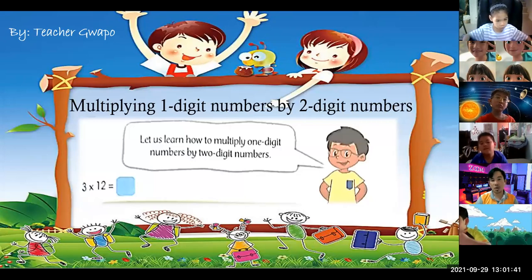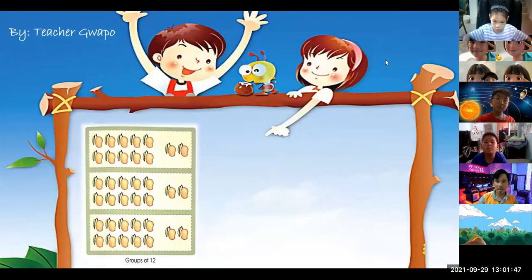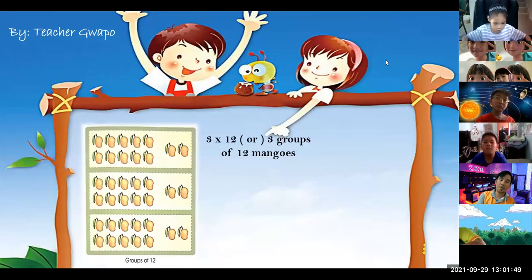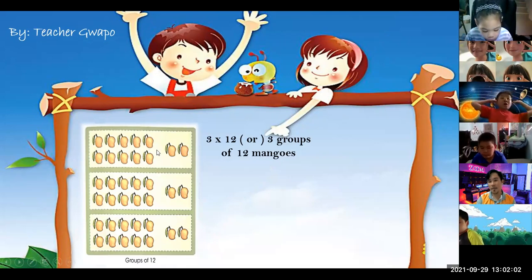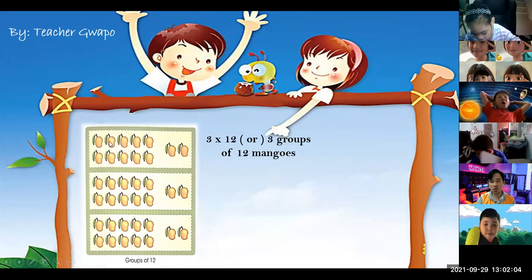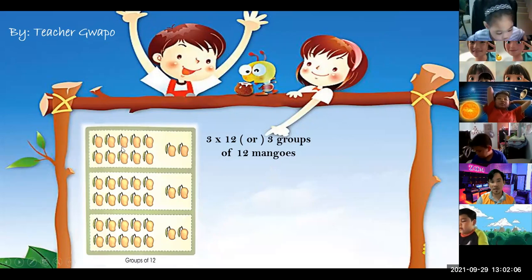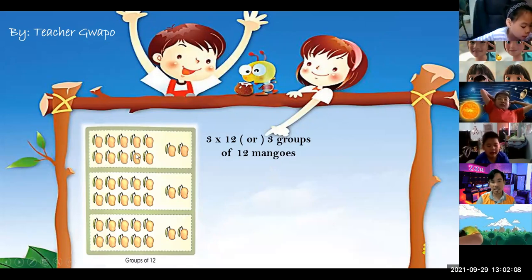Let us learn how to multiply one-digit numbers by two-digit numbers. Here you can see that there are 3 groups of 12 mangoes. Group 1, group 2, and group 3, and each group has 12 mangoes. 1, 2, 3, 4, 5, 6, 7, 8, 9, 10, 11, 12.